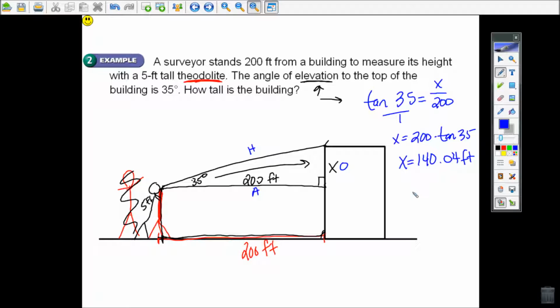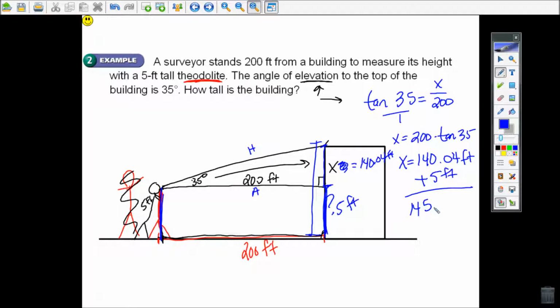What tends to happen is we stop here, but this is not your answer. This is part of your answer, though. You know that from here to here is 140.04 feet. We want the whole height, so we have to figure out what the length is from here to here. Well, it's the length of that machine, which is 5 feet. So we just need to add 5 feet to this total.